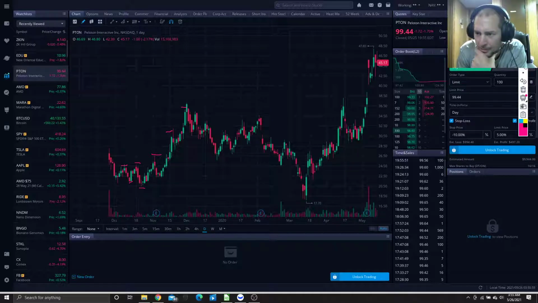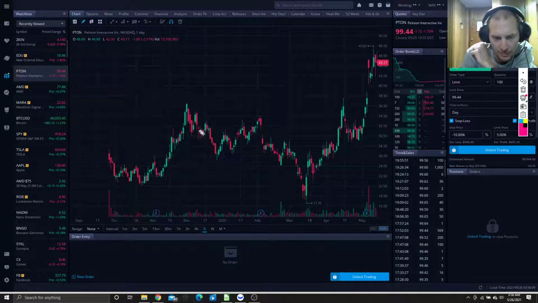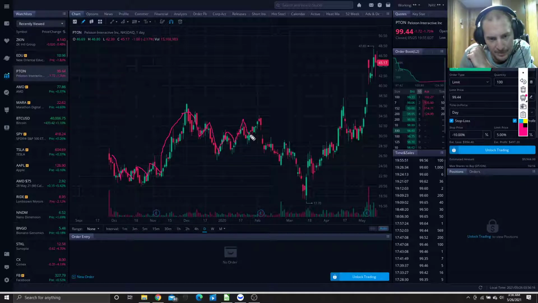You could argue that very short term, this does move in a trend here. But generally, when you're trading trends, you don't want to look for price movement like this. It's very choppy. It's more of a consolidation than a trend.